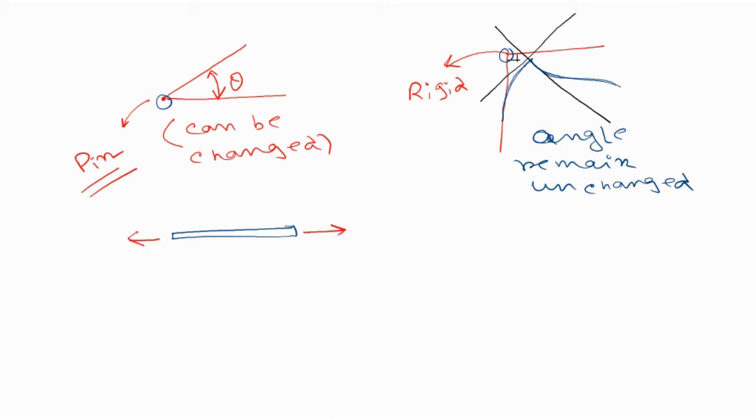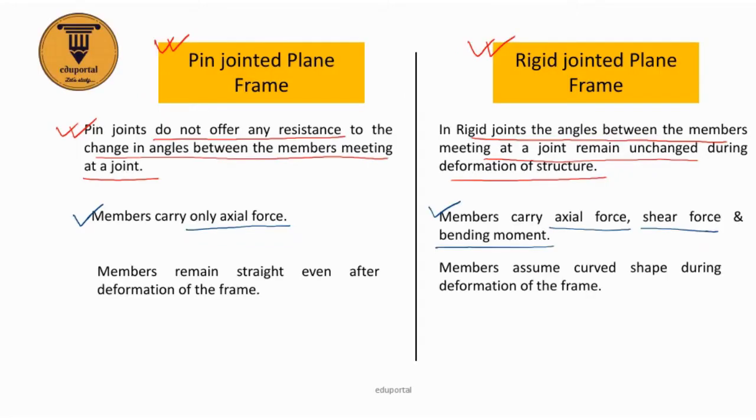But in case of a rigid joint, the members will carry axial force like this, shear force like this, and also bending moment. So this is the difference.